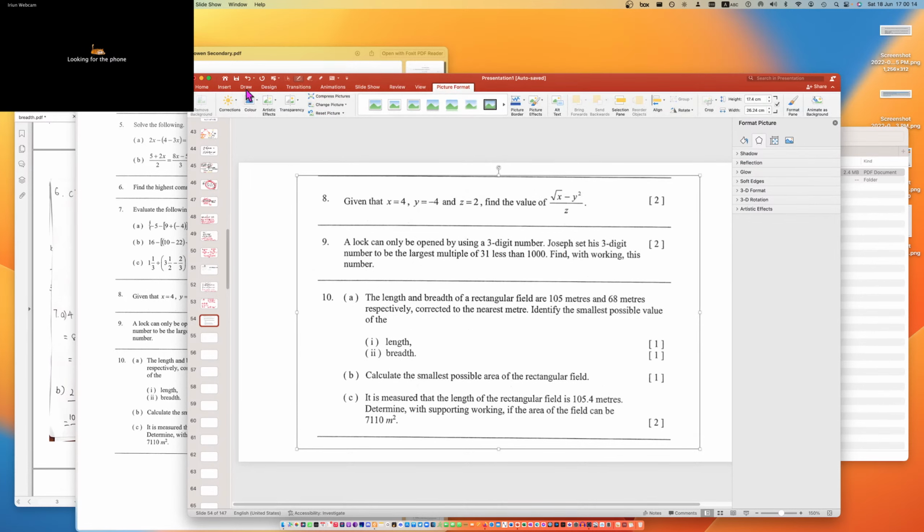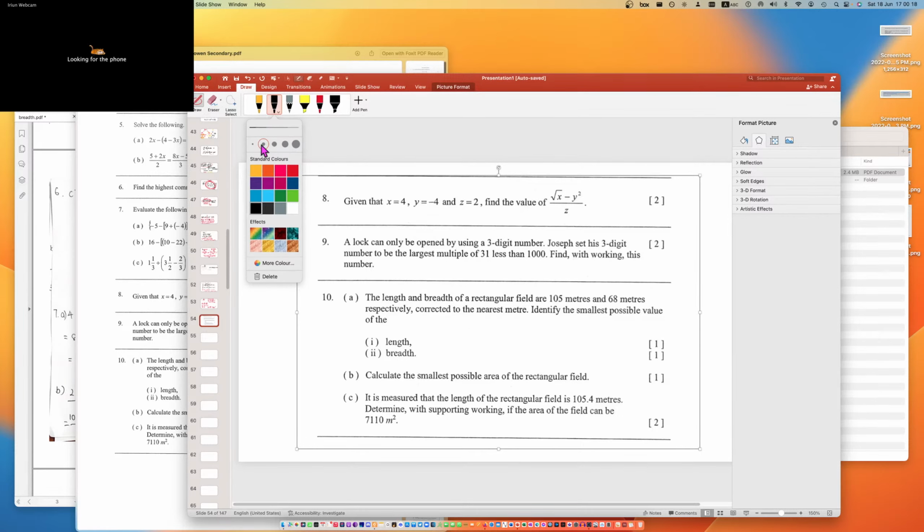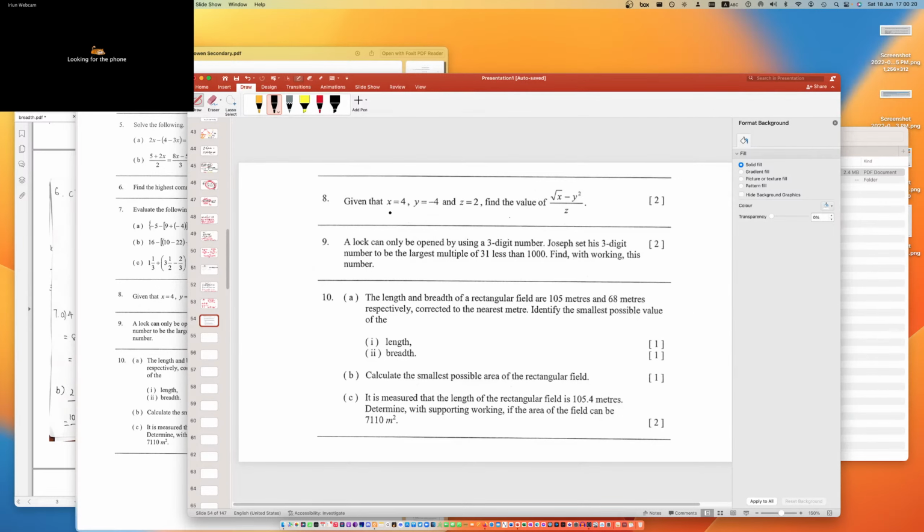The first thing I will do, since I'm using technology, meaning I'm using this tool, is put the 4 inside. Then I put the negative 4 first, with a bracket. Do you know why I put a bracket for this negative 4? Let's say I put negative 4 with a square.